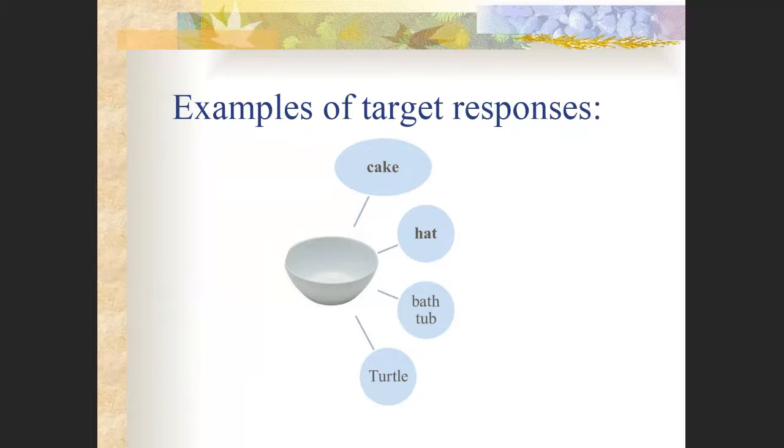For example, a ball, and for each target item, we have 4 different substitutes. And then we require them to perform the functions of each substitute using the bowl.